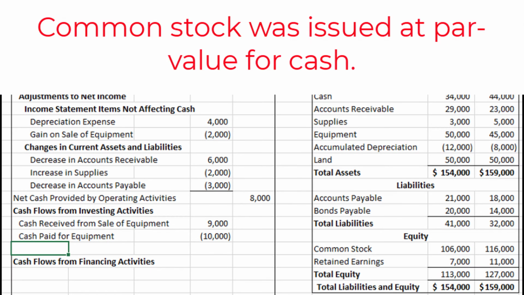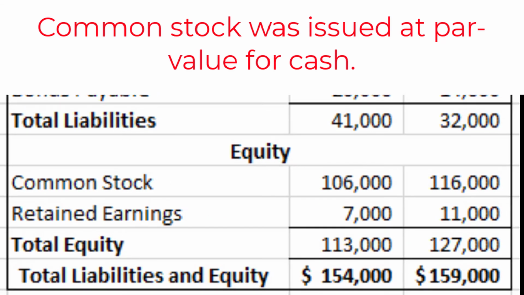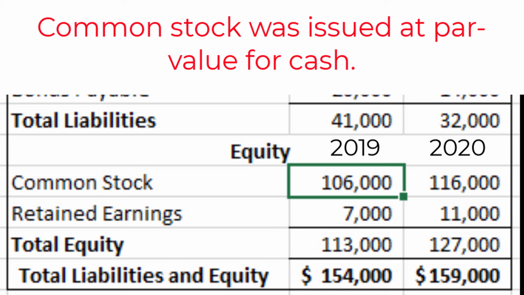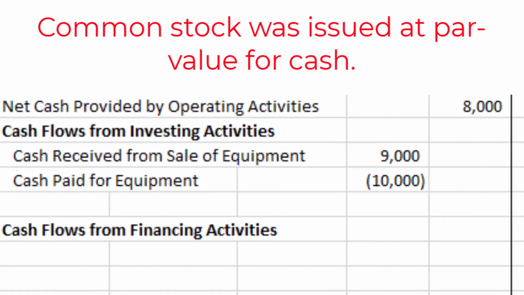Next, we are told that common stock was issued at par value for cash. So let's take a look at the common stock account. We see that common stock had a $106,000 balance, and then it had a $116,000 balance. Well, that's a $10,000 increase in common stock, and we're told that that is for cash. So this is actually going to be a financing activity because this is related to equity.